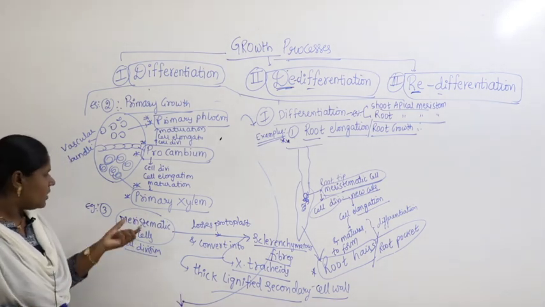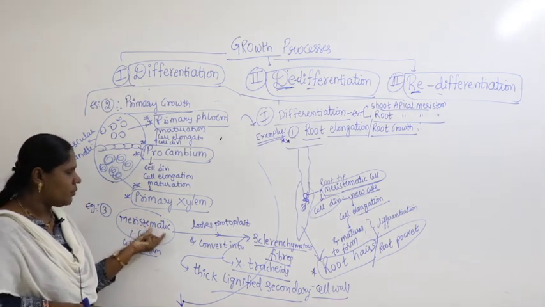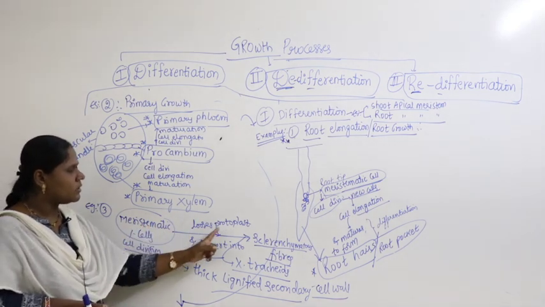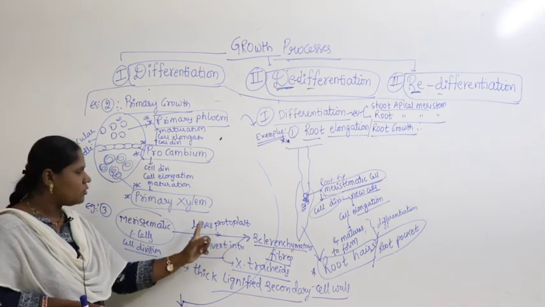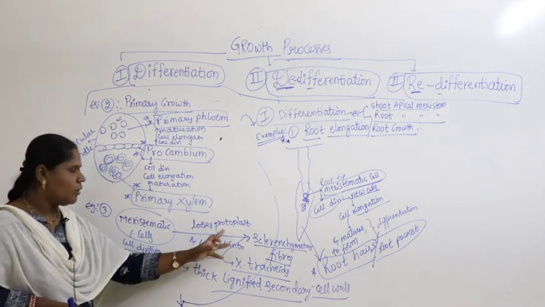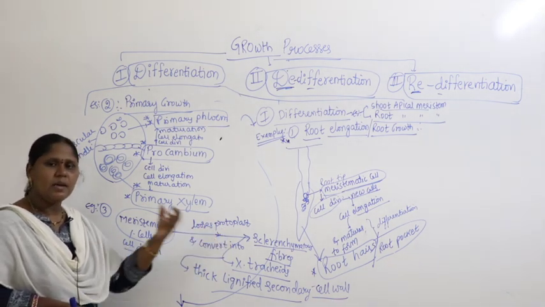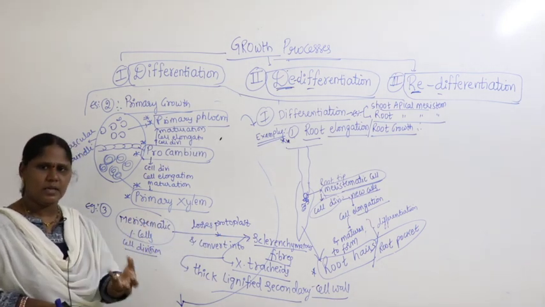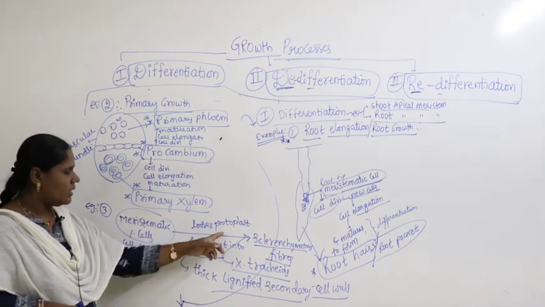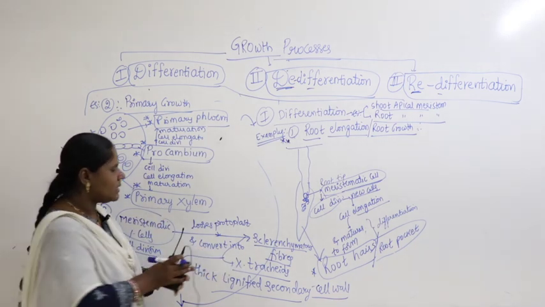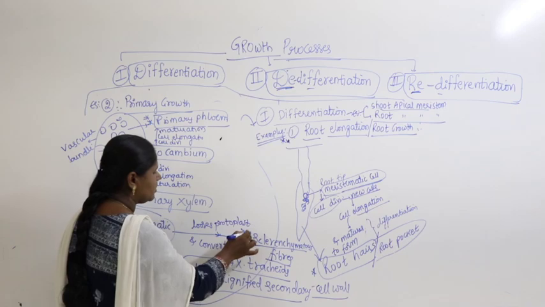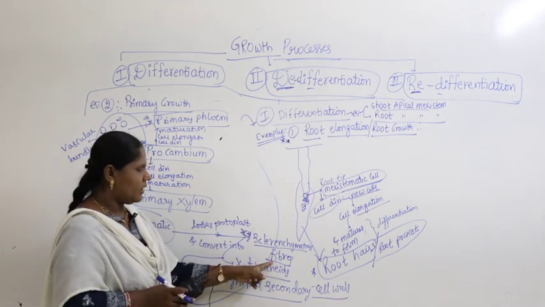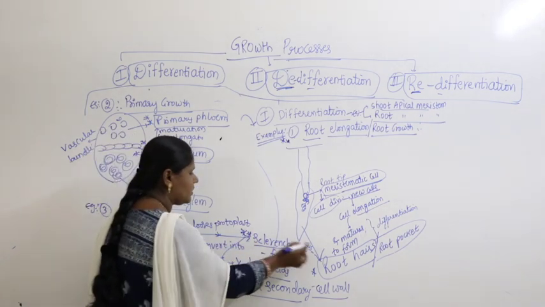For example, some of the meristematic cells which are produced here lose their protoplast, lose water. What is protoplast? The living content of the cell. When they lose protoplast, they may convert into sclerenchymatous fibers, you know, xylem fibers.